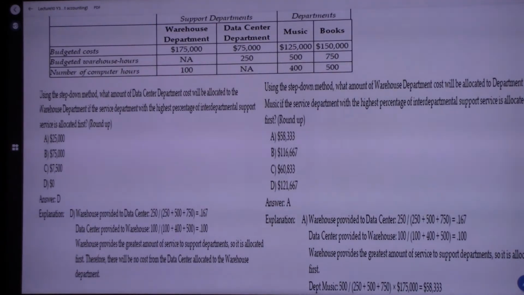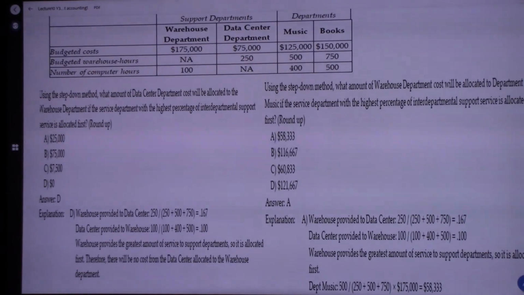For the warehouse, I'm going to divide 250 warehouse hours by the total warehouse hours given, which is 250 plus 500 plus 750. You're going to receive 16.7%.